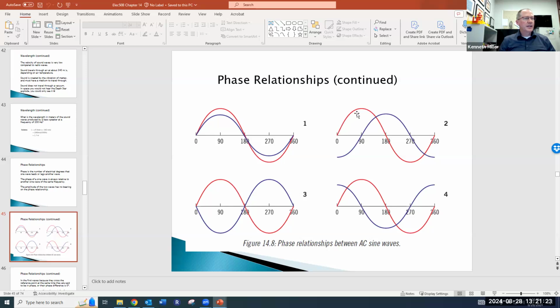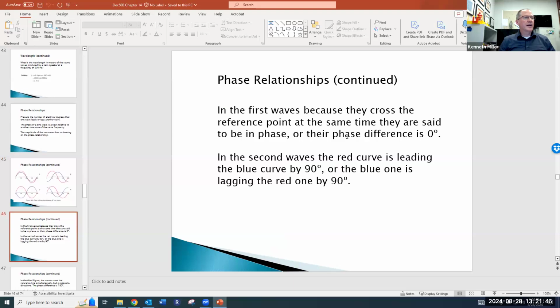This one, the red one's leading the blue one by 90 degrees. And here they're 180 degrees out of phase. And then in this one, the red is leading the blue by 90 degrees. Okay. So you can see how these are doing that.